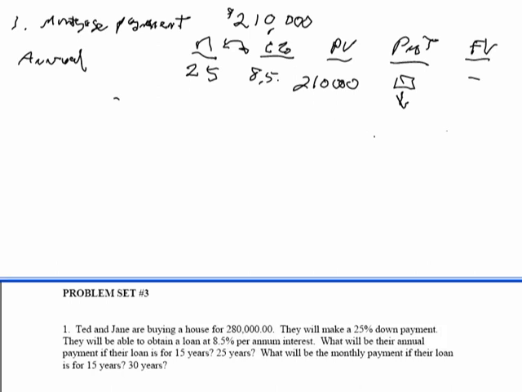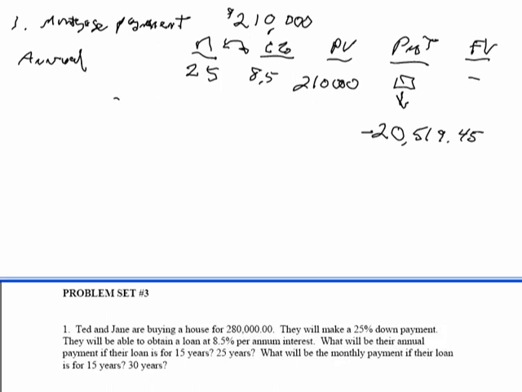Make sure the interest rate is still 8.5 and the PV is 210,000. Then recompute PMT, and you should get negative 20,519 and 45 cents. So that was for 15 years and 25 years annual payments.